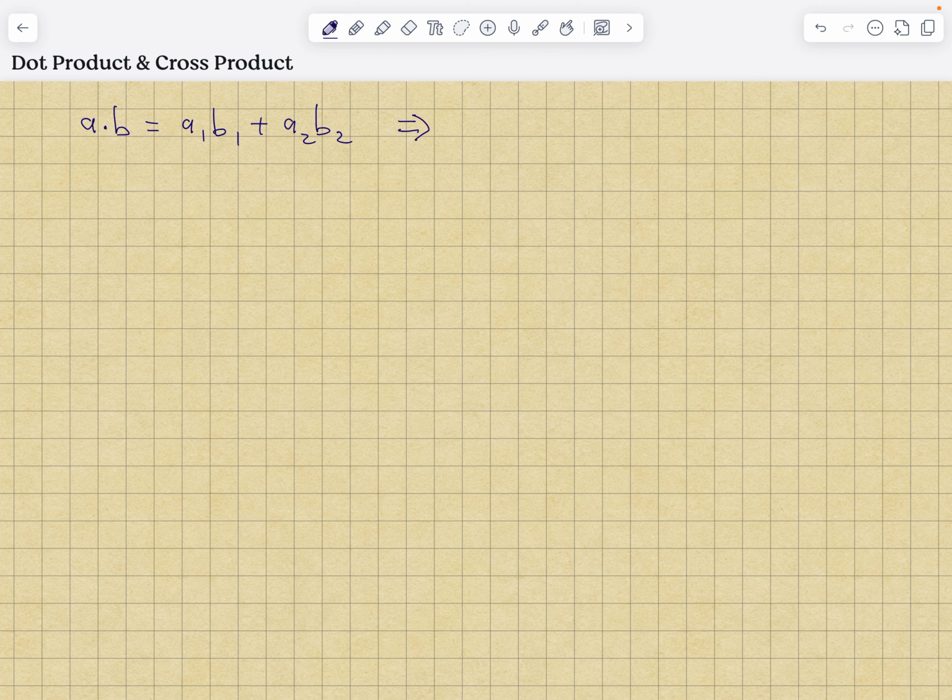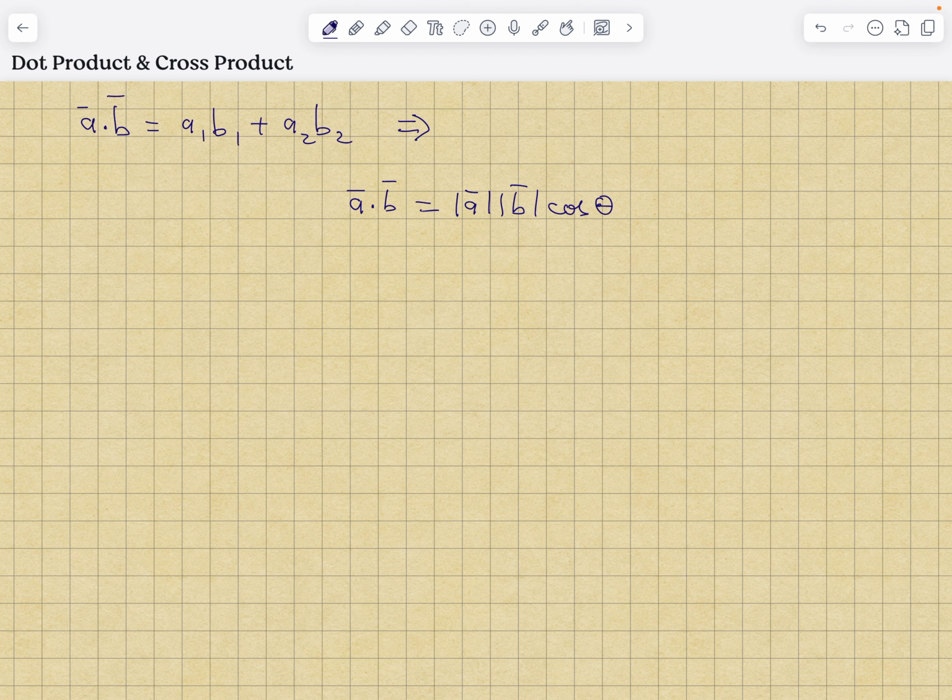And we showed that the dot product has a property that A dot B is also equal to the magnitude of A times the magnitude of B times cosine of theta.